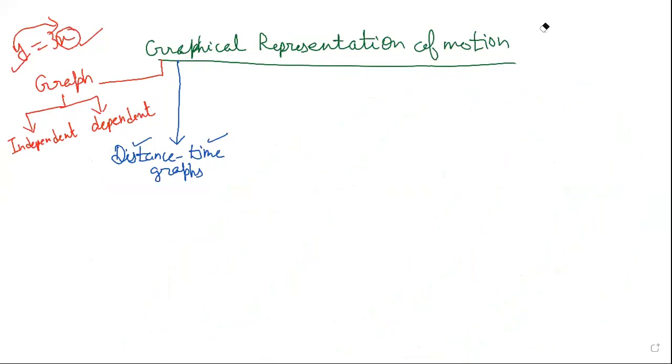So in the distance-time graph, I told you that time is represented along the x-axis and distance along the y-axis. Now, we are going to discuss three cases. First, when the body is at rest. Here is time, and here we take distance.